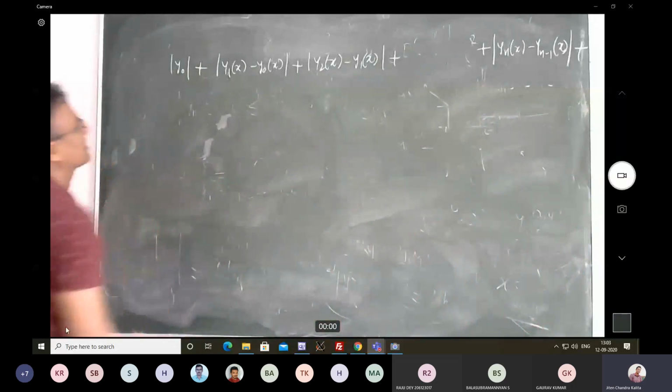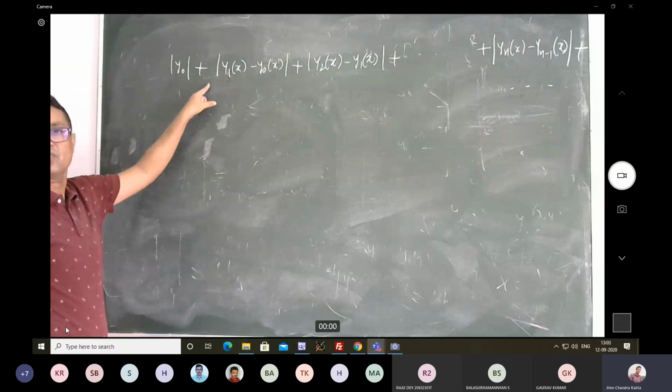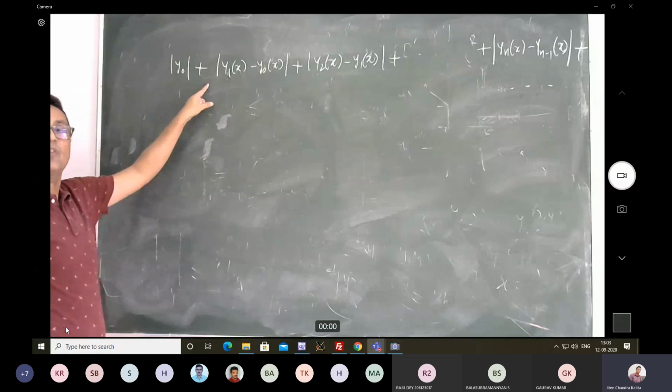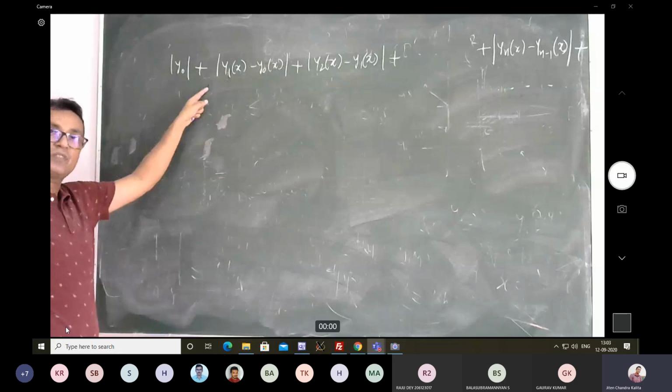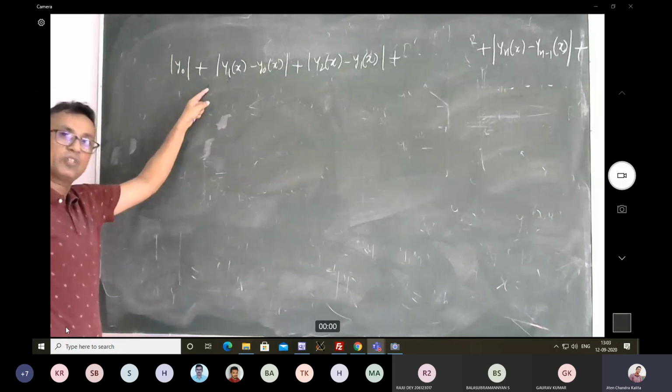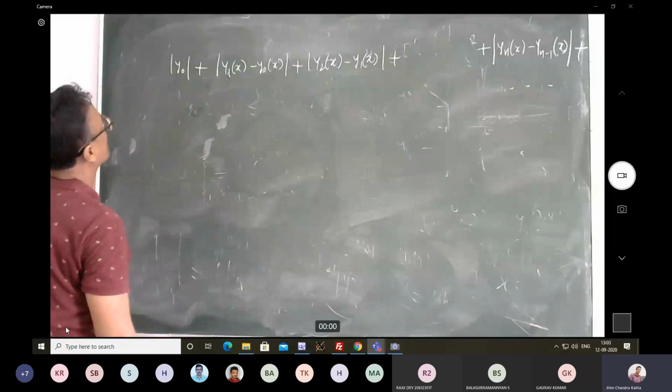I'm going to convert it into a geometric series, and from there I'm going to conclude that this series is convergent, a geometric series with some common ratio, and then my job will be done.